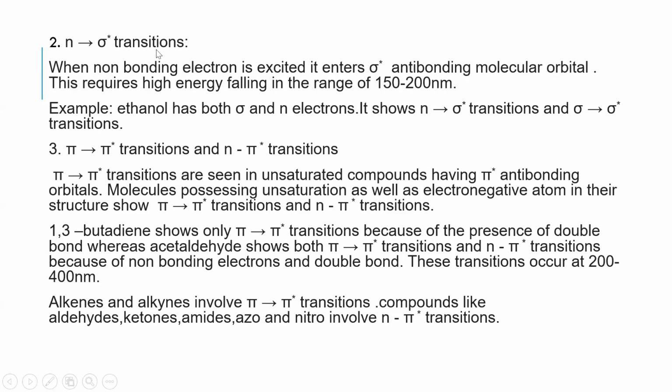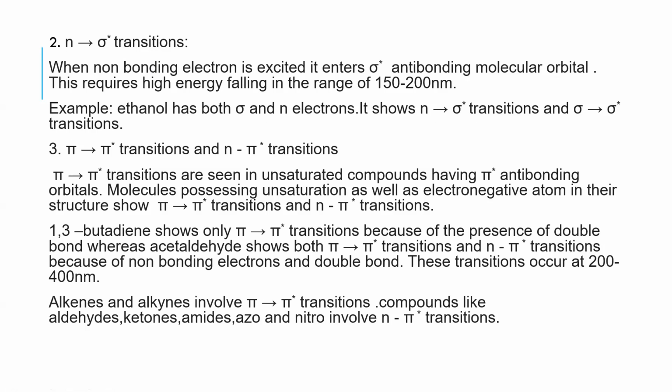N to sigma star transitions take place in compounds which contain non-bonding electrons. For example, ethanol contains both sigma and n electrons. N electrons are non-bonding electrons, present in heteroatoms like nitrogen, oxygen, and sulfur.